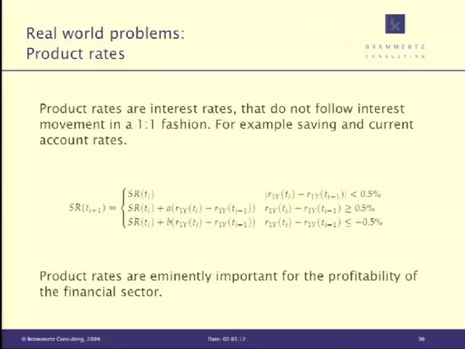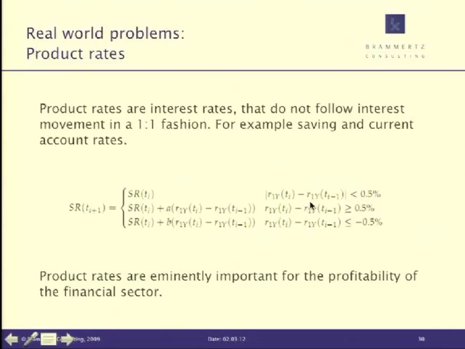Another problem you have to solve if you, say, model a bank, a retail bank. So a retail bank definitely will include some saving accounts. So saving accounts, the rates depend on the saving rate. And the saving rate is one of these not so nice product rates because it behaves a little bit like markets and partially not. For example, here, that could be a rule that's arbitrary. That's very arbitrary.